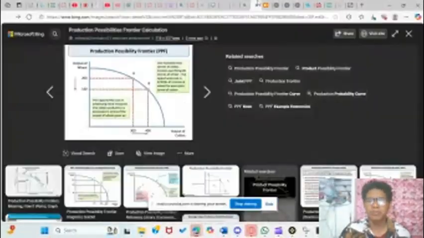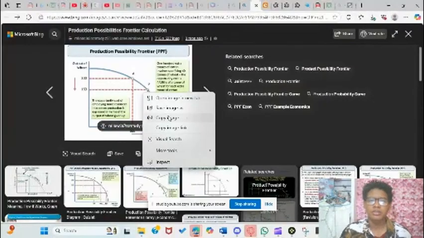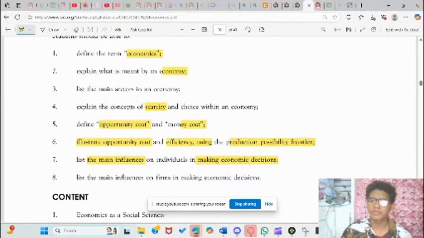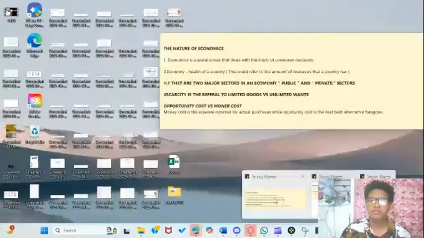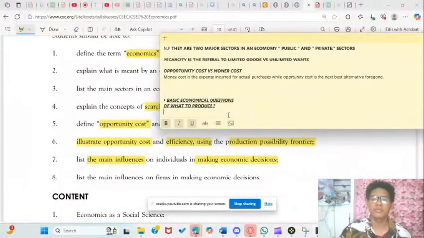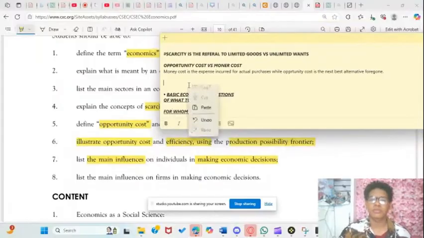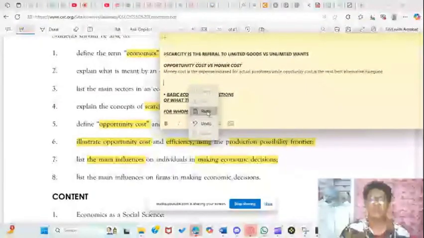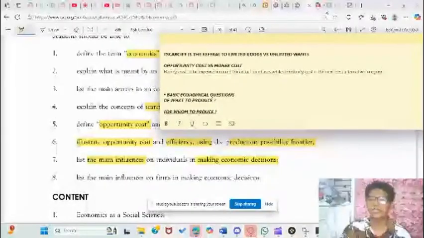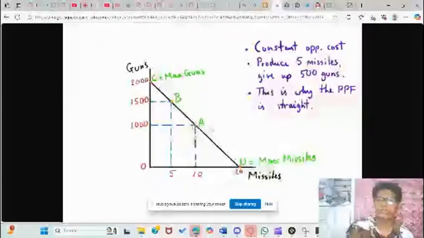Let me just take this imagery. I believe this image is very important, so I could write here for future referencing. I can't post this here. Kind of save it or something. Save image.